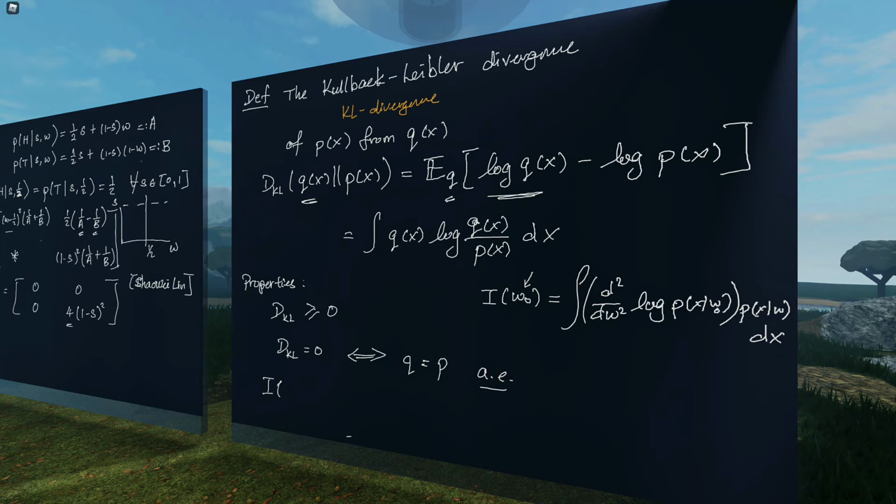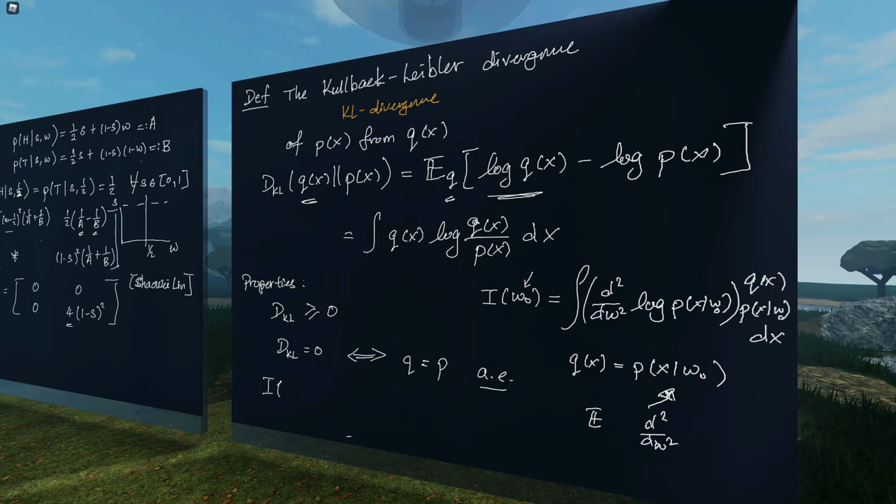Sorry, those are W0. And if the true distribution is actually realizable and is equal to the model at W0, then this is Q of X. And assuming also that you can swap expectation and derivative, apologies about the various assumptions, but you can prove this in some nice situations with dominated convergence.